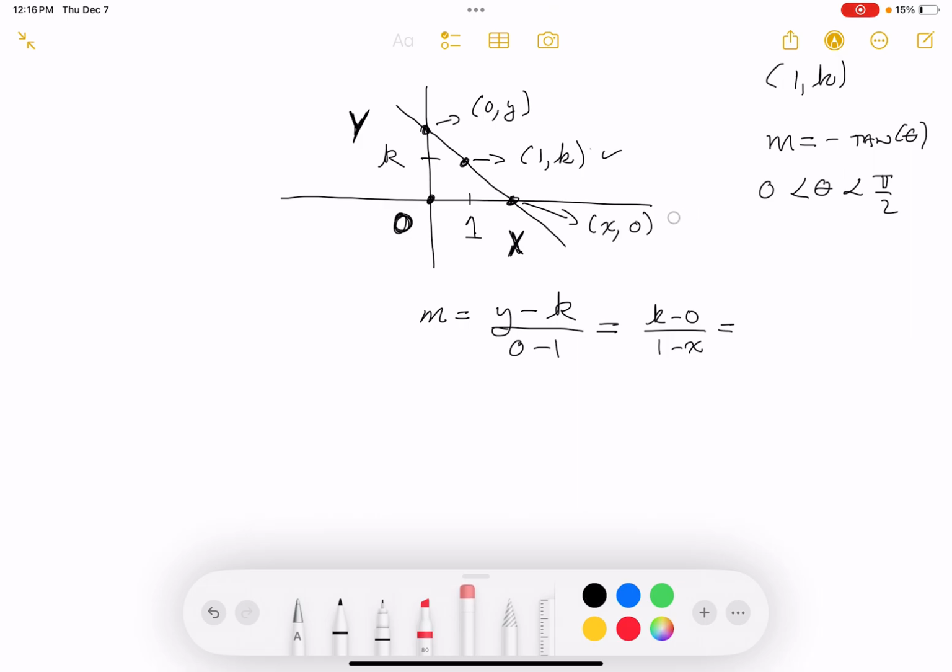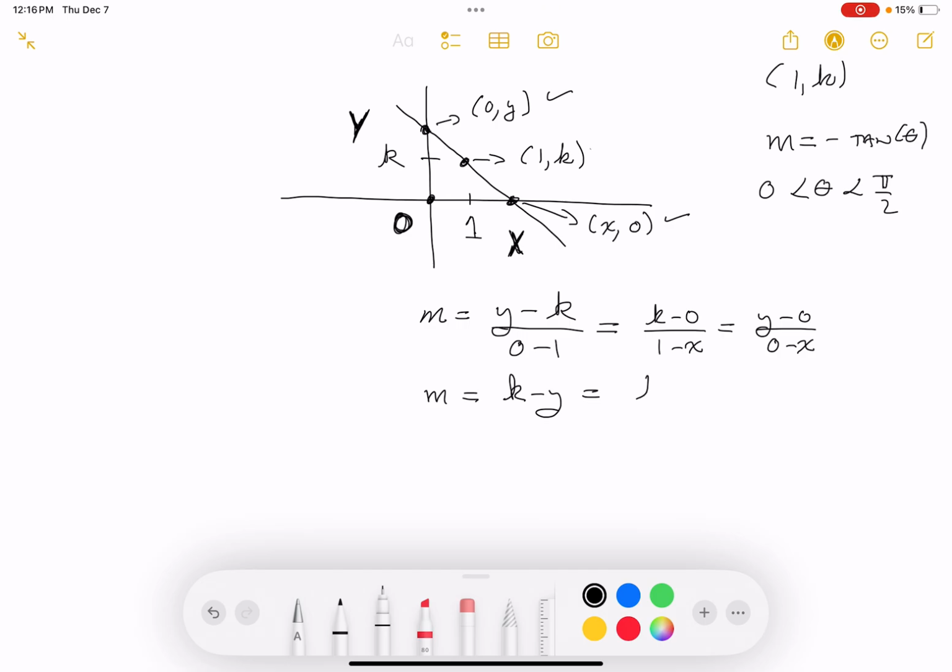What else could we get? Well, there's another way of doing this. I could do these 2 points over here. And what's that going to be? Let's see. Y minus 0 over 0 minus x. All right? So m equals, let me write this down. So I'm saying y minus k over minus 1. So it's k minus y.